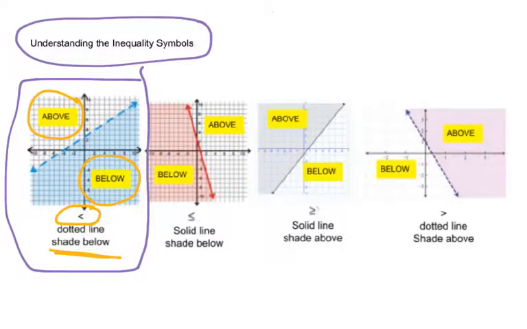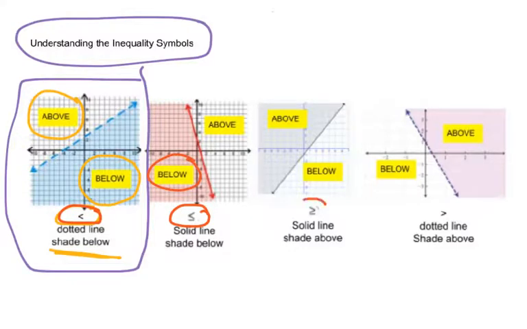So if something is less than a line, if it's all the points below the line, the less than part of it, right here, means that it can't equal the line, but it has to be everything below the line. So we're going to be graphing the line like normal. We're going to make it dotted if it's less than and shade it below. We're going to make it solid if it's less than or equal to and shade it below.